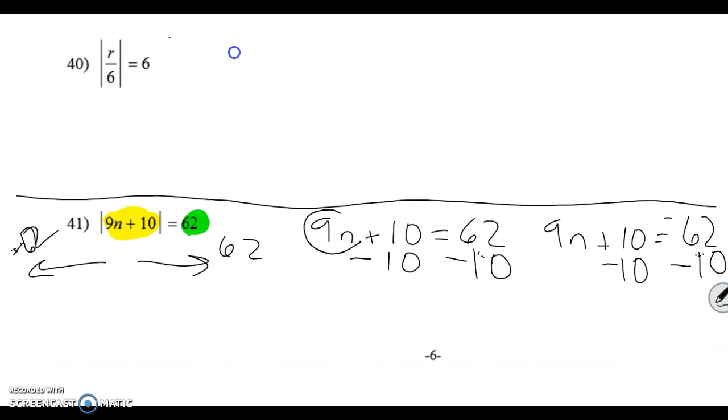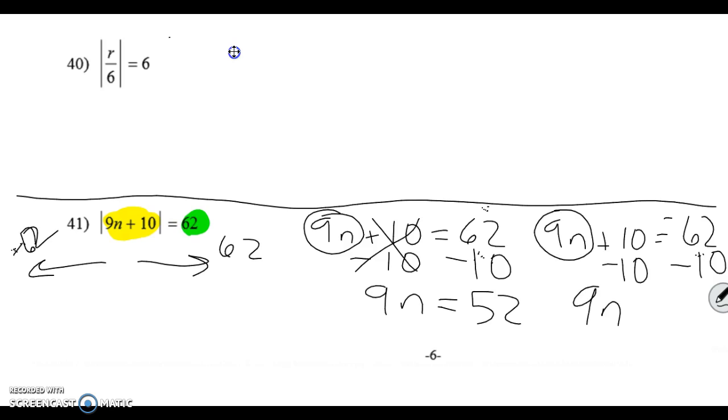The 9n doesn't change. Bring it on down. That cancels. That's the whole point. And now I'm left with the 62 minus 10. 62 minus 10 is 52. Then we go across here, and again, we didn't touch this 9n.